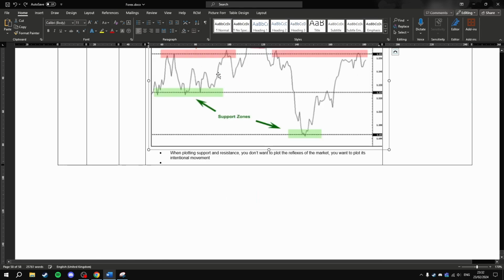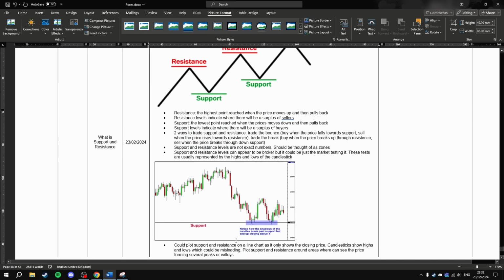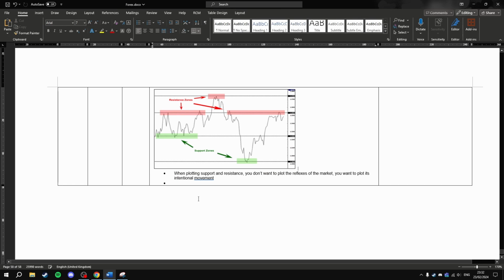Actually, I do want that to be there, so support zones.